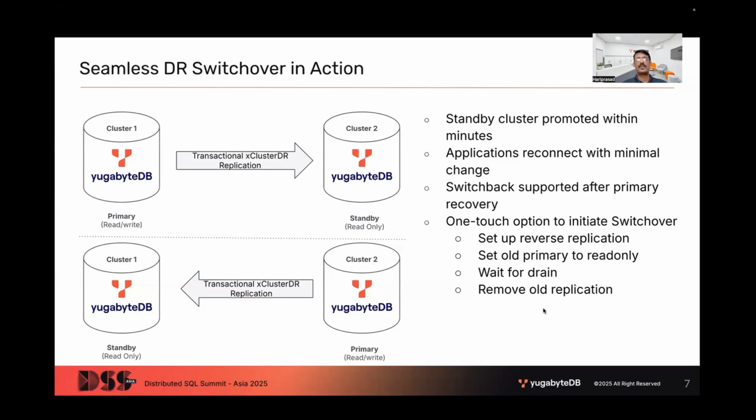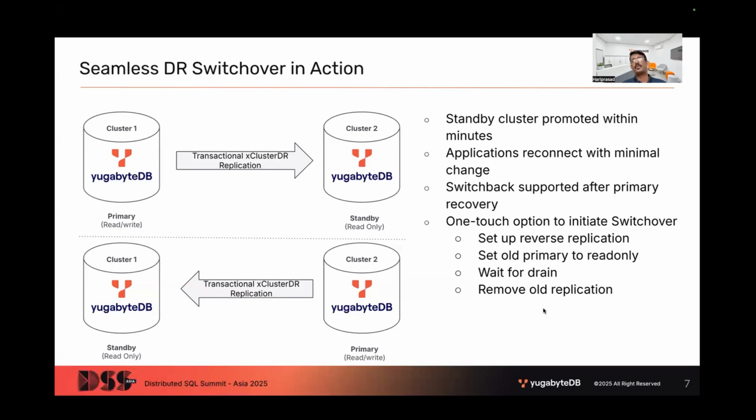Once the switchover option is selected, the system performs a complete health check and evaluates the replication lag. The replication lag should be as minimal as possible. It also checks the health of the replication configs and other prerequisites. Once the prerequisites are done, the replication is set up in the reverse direction from your new primary to your old DC, or your new standby.